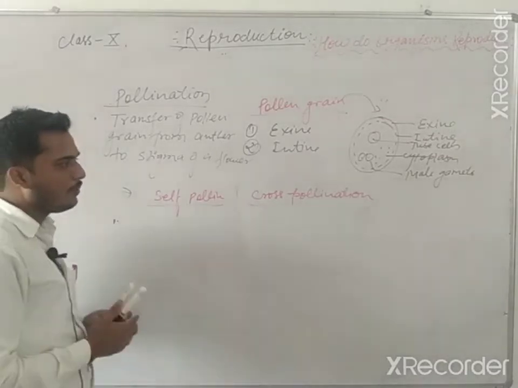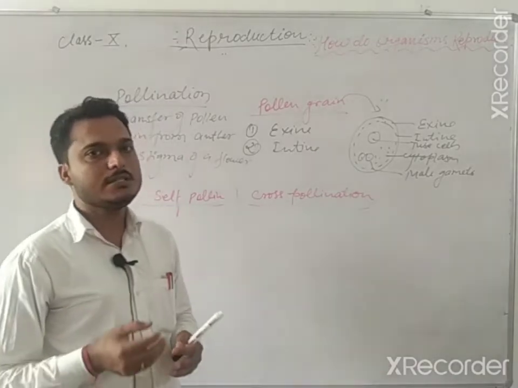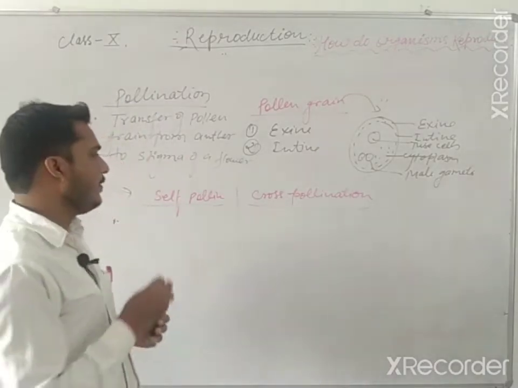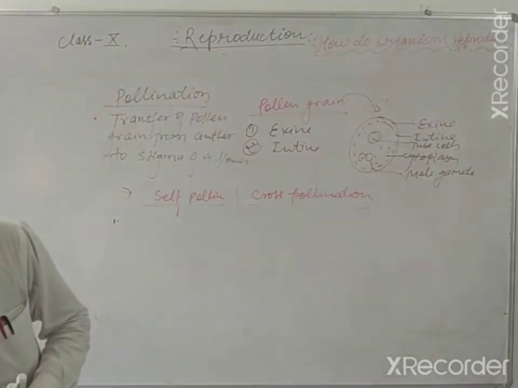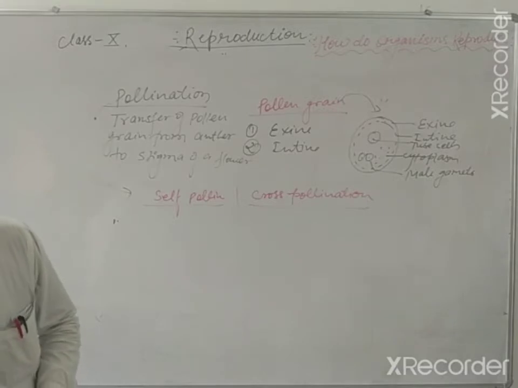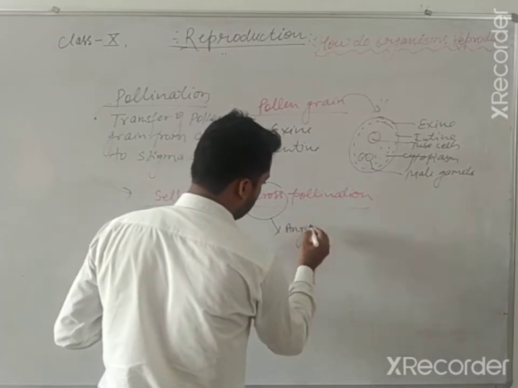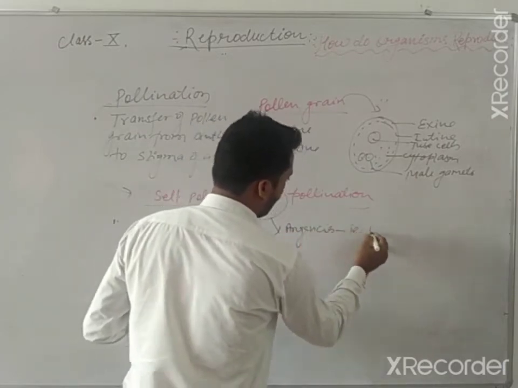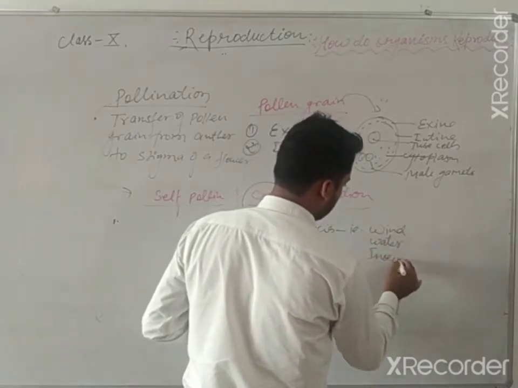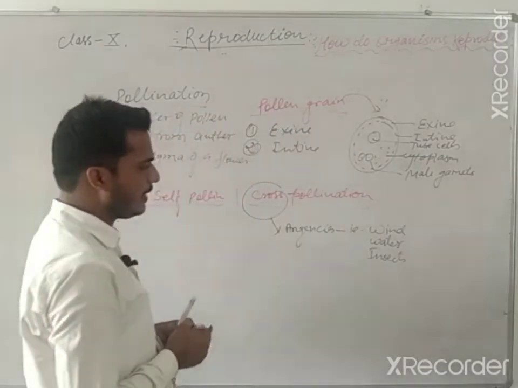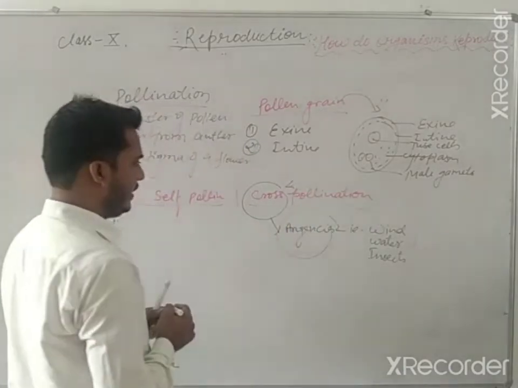If you talk about cross pollination, it may be on the same flower, but in some cases it is another flower. The agencies involved in cross pollination are wind, water and insects.